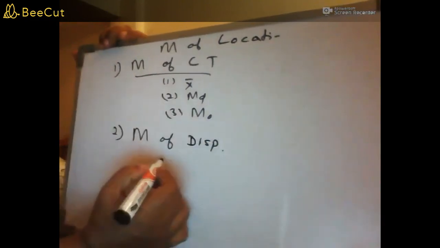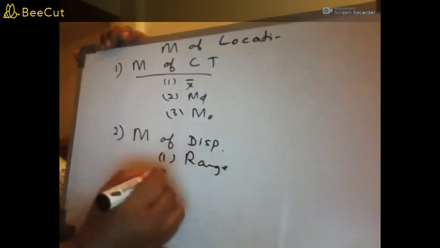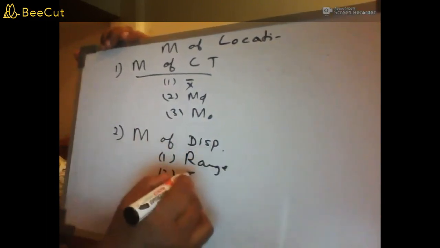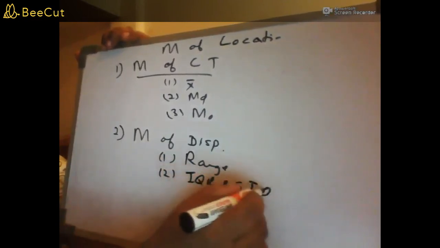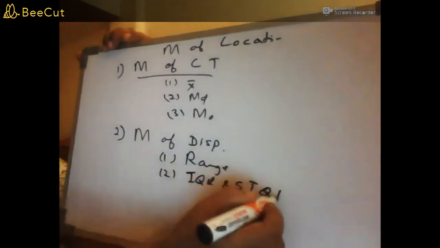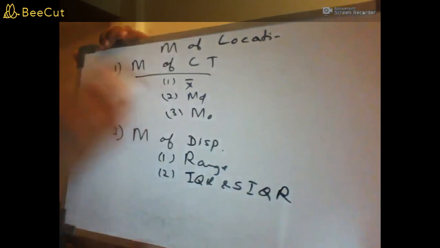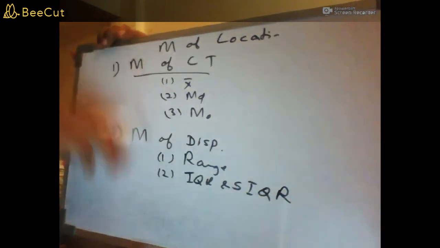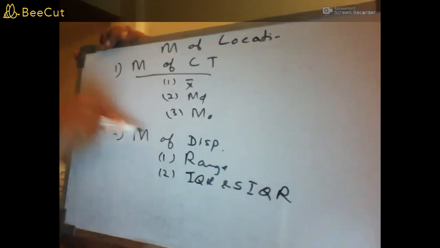Dispersion. There are three. What are those? Range, then interquartile range and semi-interquartile range, for discrete data, individual data, and group data.